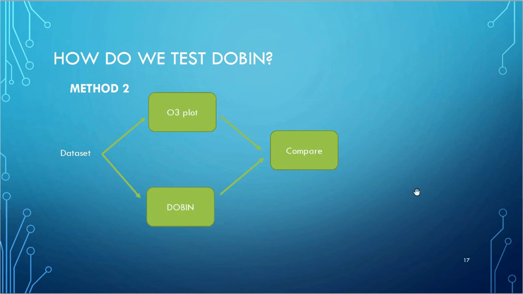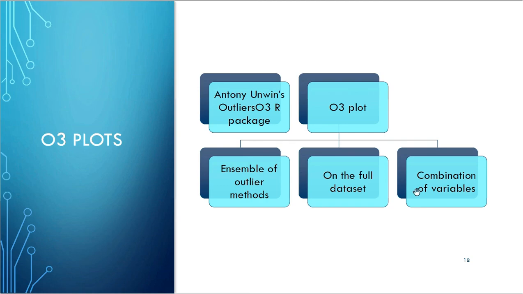We test DOBIN by using O3 plots, because we need something to compare to see, okay, is this projection a good projection? How do we test that? We use O3 plots, and O3 plots are in the Outliers O3 package done by Anthony Unwin.